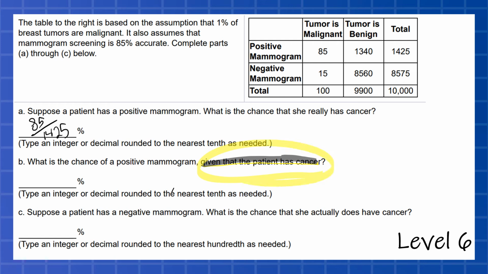Given that the patient has cancer, that means we're going to start by looking right here. And it says, what is the chance of a positive mammogram? A positive mammogram is going to be right there. So we can answer our question with, again, 85. But our denominator this time is out of 100.